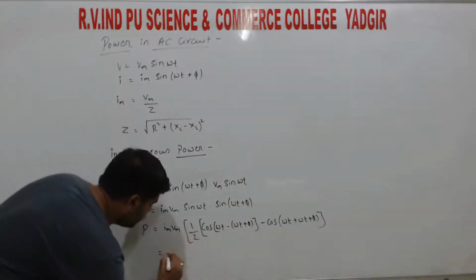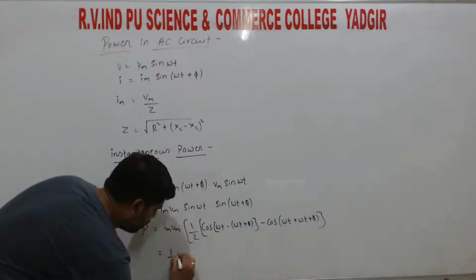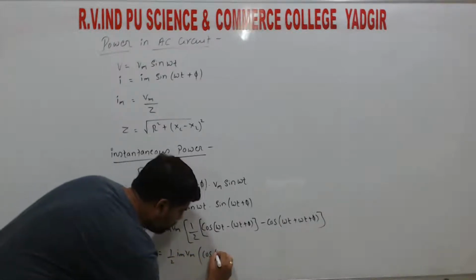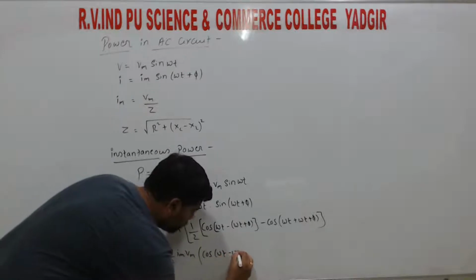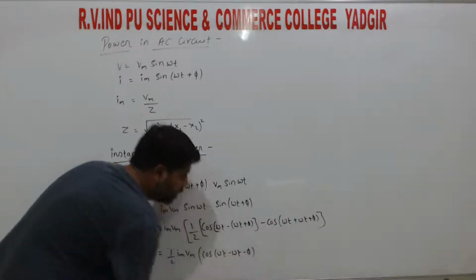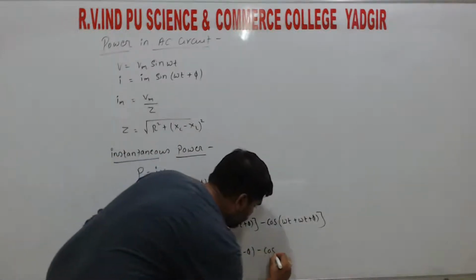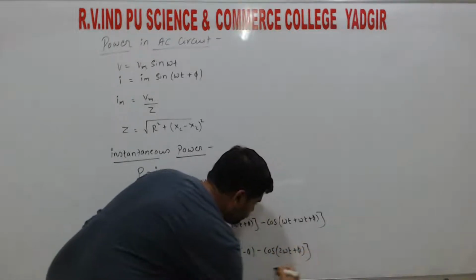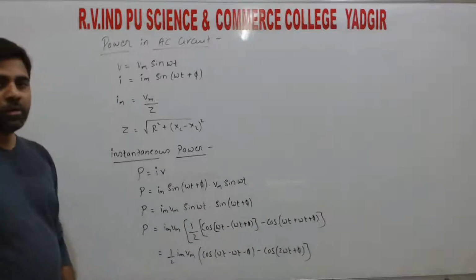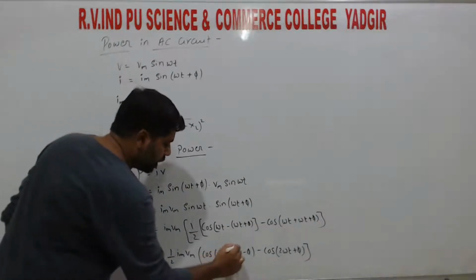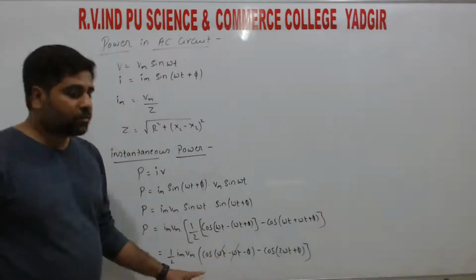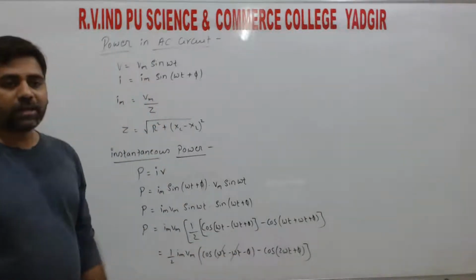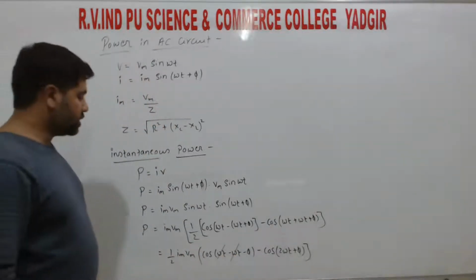So simplify this one, taking 1 by 2 common: Im Vm by 2 into cos of minus phi minus cos of 2 omega t plus phi. Here omega t minus omega t gets cancelled, and cos of minus theta is cos theta itself, right?